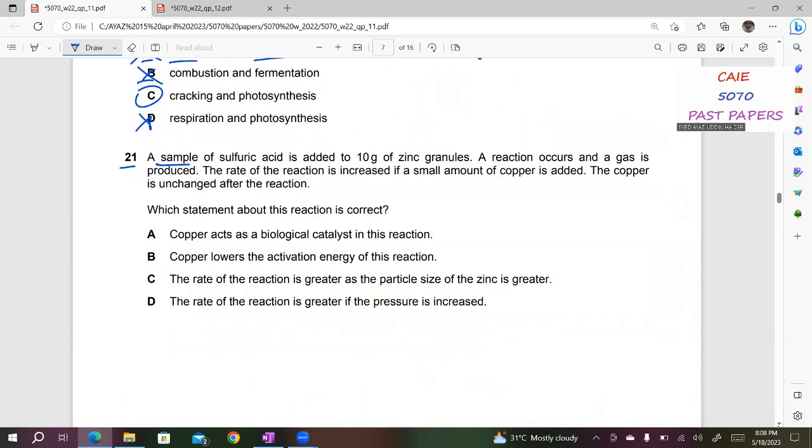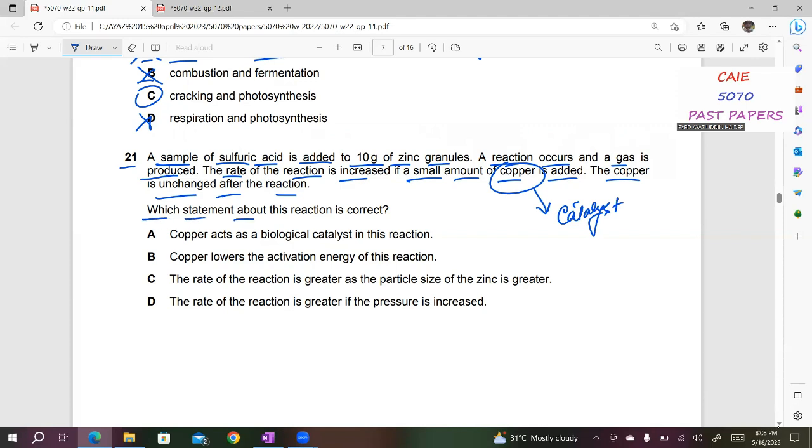Number 21. A sample of sulfuric acid is added to 10 grams of zinc granules. A reaction occurs and a gas is produced. The rate of the reaction is increased if a small amount of copper is added. The copper is unchanged after the reaction. Definitely, copper is used as a catalyst here because it's recovered after the reaction and it has also increased the rate.